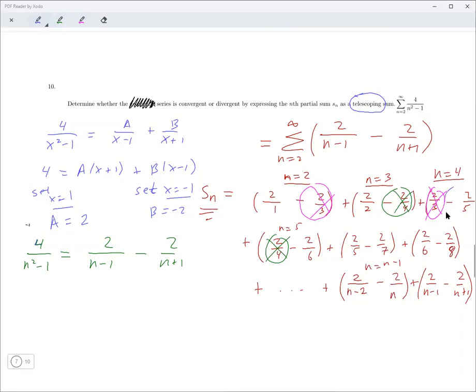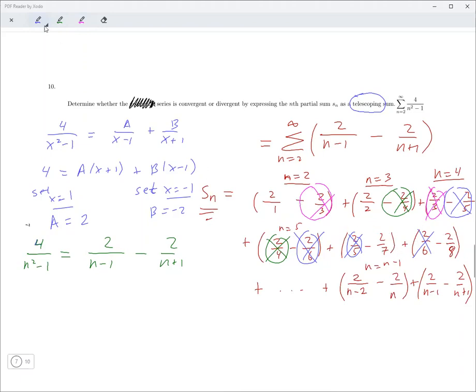And then this one, wait a minute. Yeah, this one cancels with that one. And this one cancels with this one. And this is going to cancel with something up the road. This is also going to cancel with things.